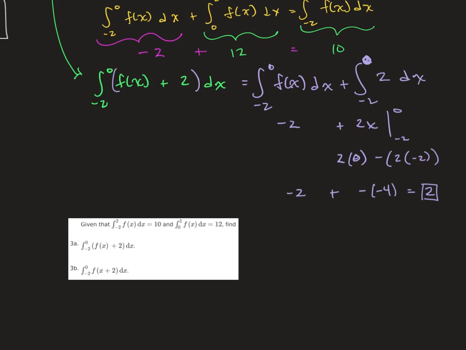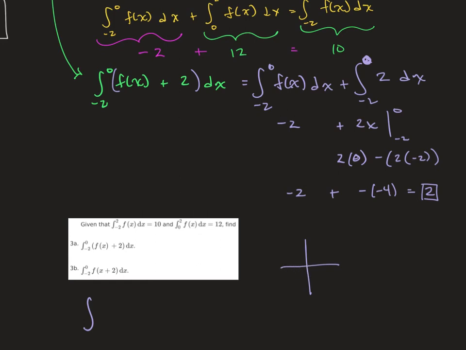Second part says the integral from negative 2 to 0 of f of x plus 2. But in this case, notice that the plus 2 is within the parentheses. So it's like you literally took the x values and added 2 to them, which you could think of like taking the whole graph and shifting it over by 2.